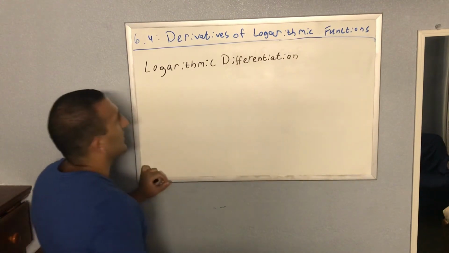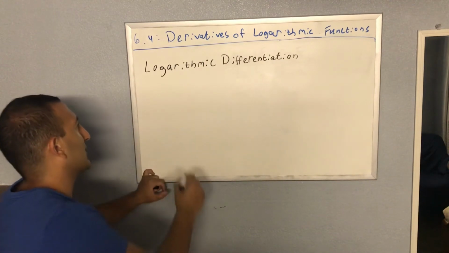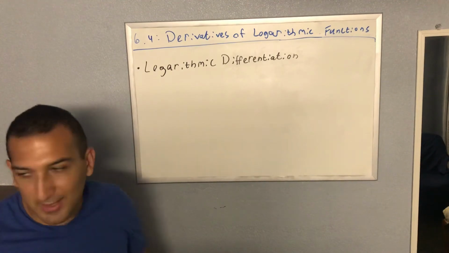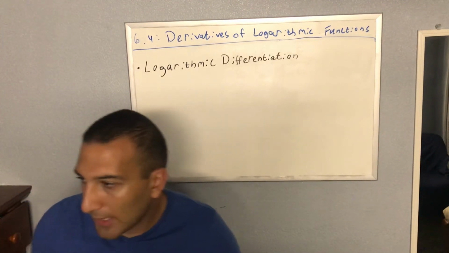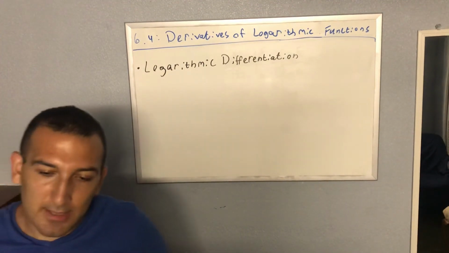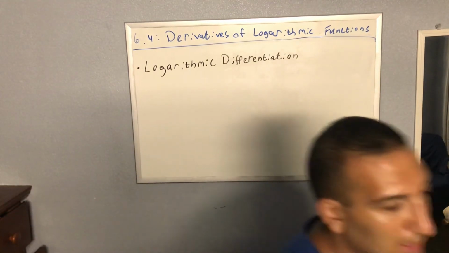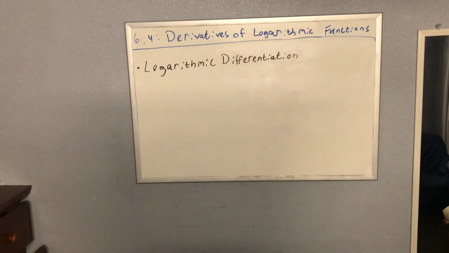I suck at spelling, so I just try to spell it out in my head. The easiest way to learn it is to just do an example, and then you can see the process.